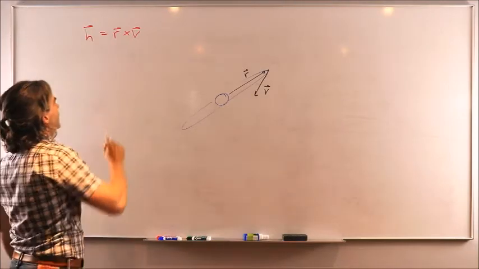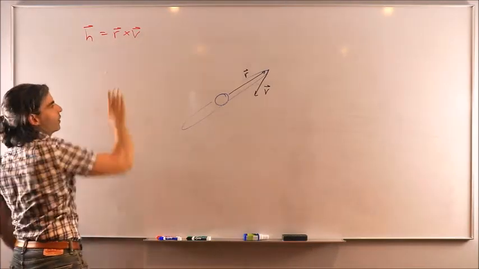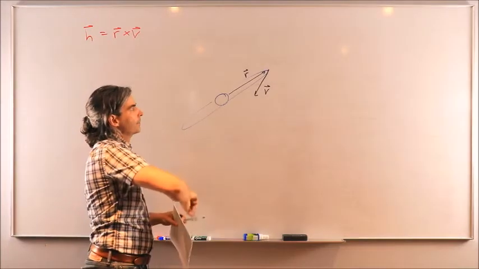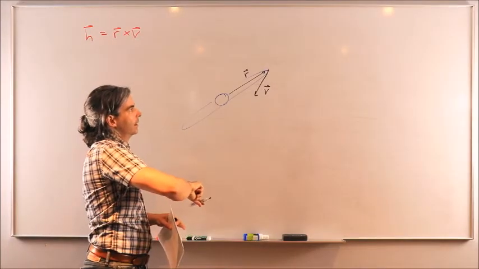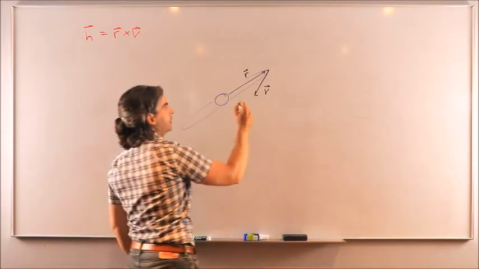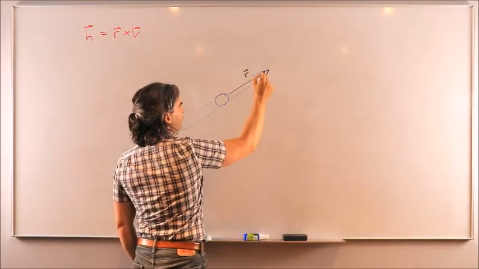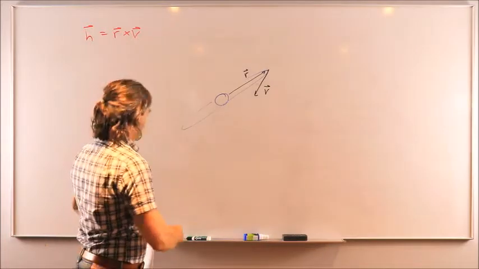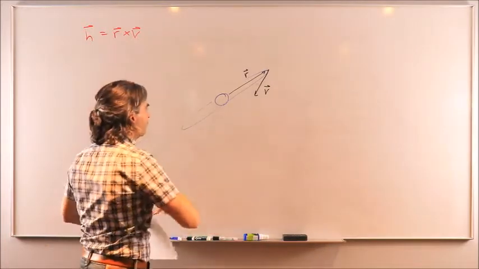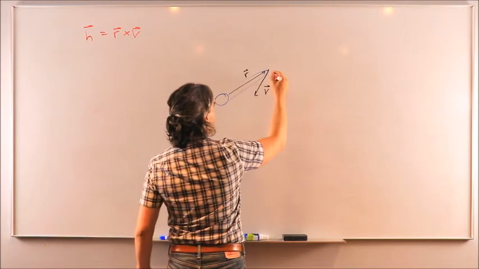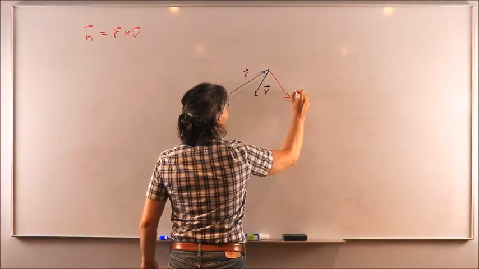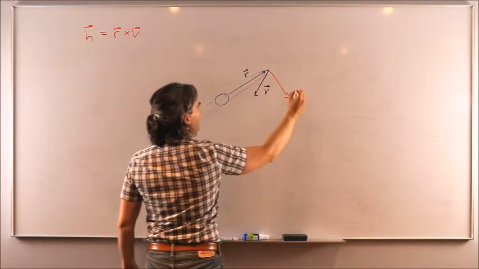What you have to realize is that when you take the cross product of r and v through the right-hand rule, you'll always get a vector which is perpendicular to both vectors involved in the cross product. Okay? So r cross v will give you a vector which is normal to r and normal to v.